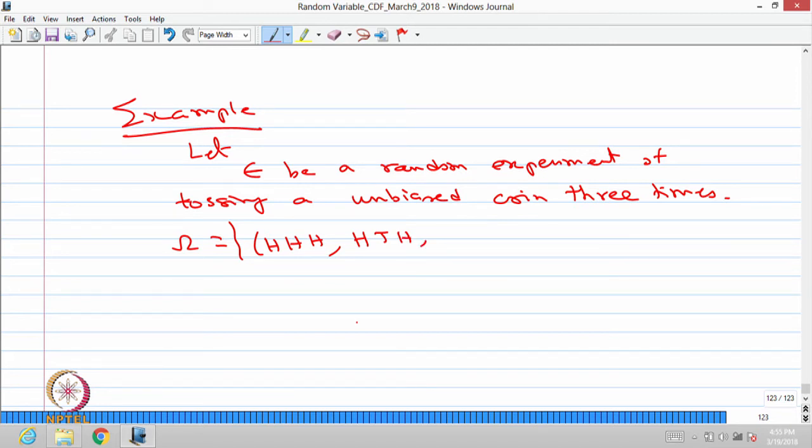Since we are tossing an unbiased coin 3 times, you will have 2 power 3, so you have 8 possibilities: head, head, head; head, head, tail; head, tail, head; head, tail, tail; tail, head, head; tail, head, tail; tail, tail, head; and last, tail, tail, tail.